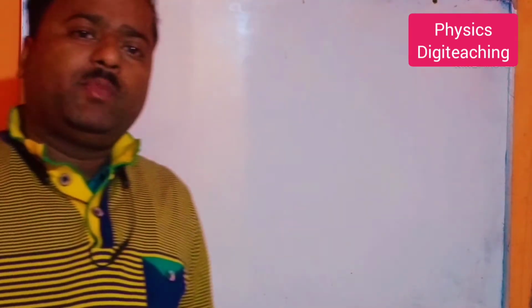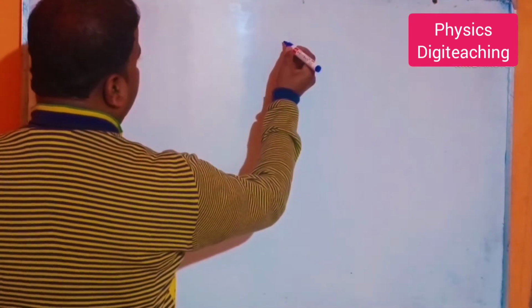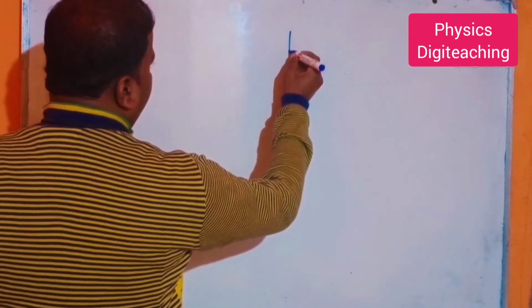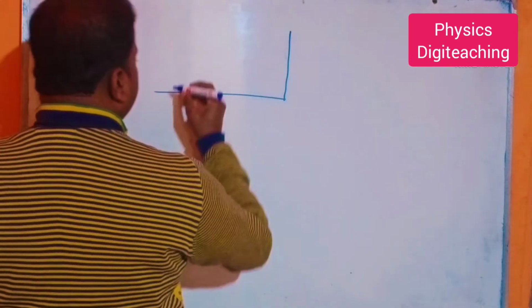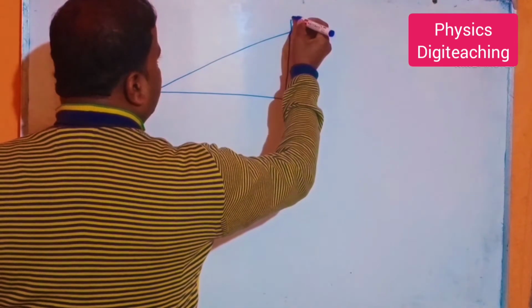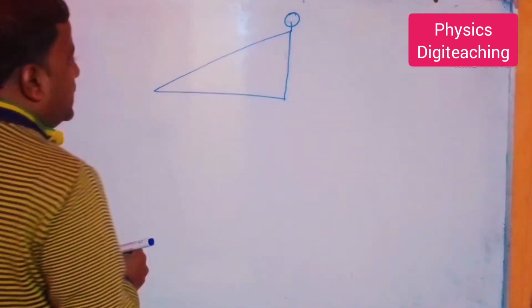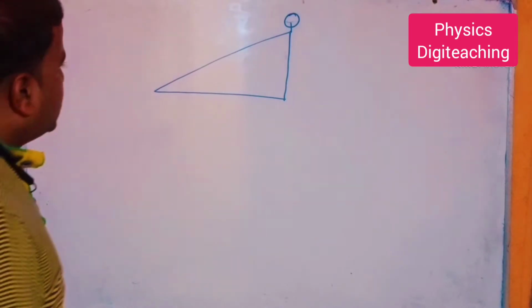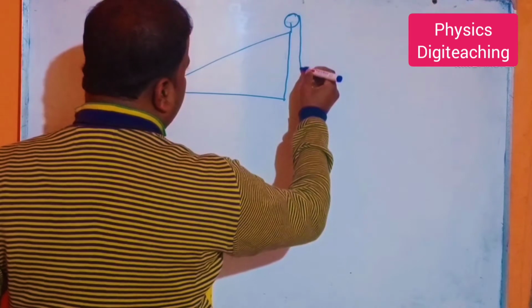Now we set up a problem with an inclined plane. Say this is an inclined plane. Here is a pulley. There are two bodies of mass m1 and m2 connected by a rope.